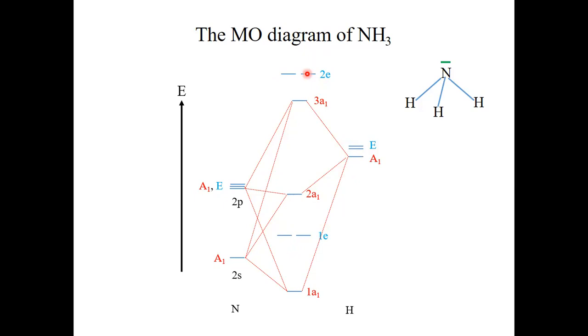Okay, so again, the order of energies of all the molecular orbitals in the diagram is not completely unambiguous. For instance, we wouldn't know exactly for sure that these two bonding ones of the E symmetry type would have a higher energy than the 1A1.